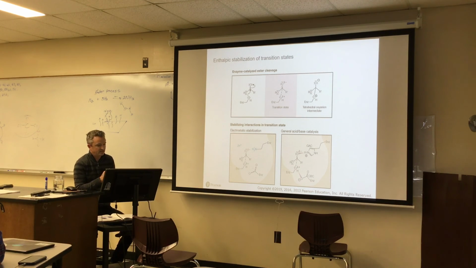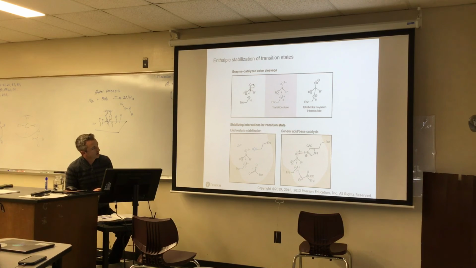The transition state for this is a tetrahedral oxyanion type transition state whereby the enzyme has a hydroxy group that then attacks the ester carbonyl because that is polar, it's polarized, right? And then you're looking at trying to stabilize that transition state by a couple different means.